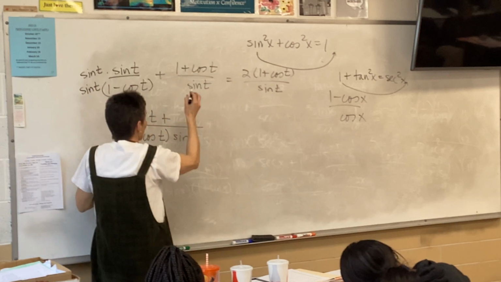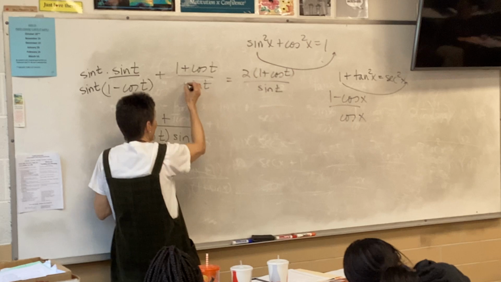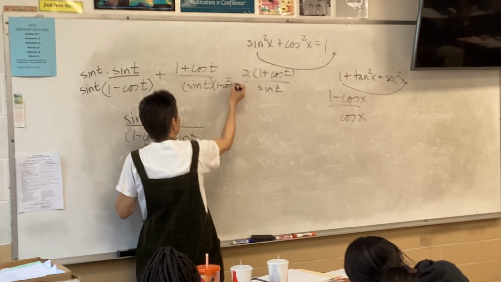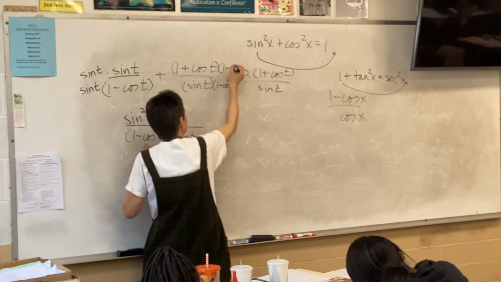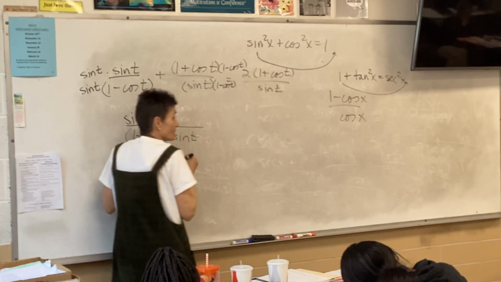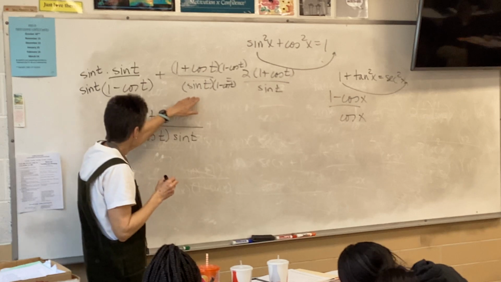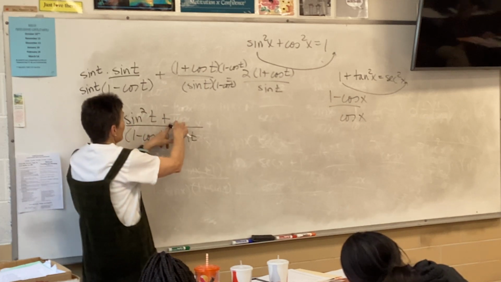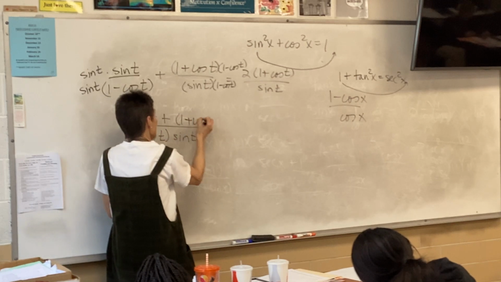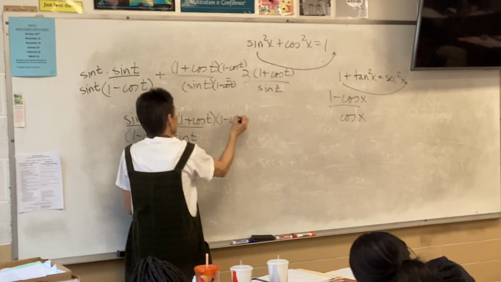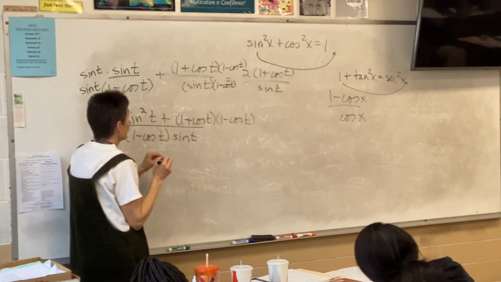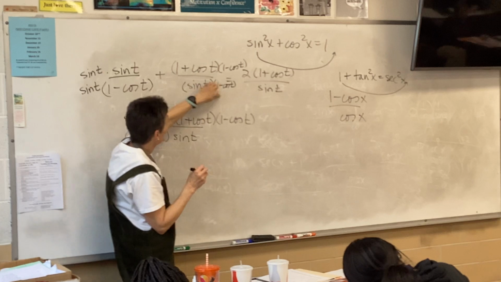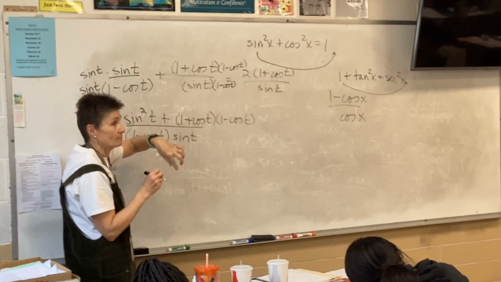Plus, this one is gonna have to be multiplied by 1 minus cosine. So the denominators are the same, so I can write it as one fraction. And this is 1 plus cosine times 1 minus cosine. So I put a sine in the first one, and I put a 1 minus cosine in the second one.